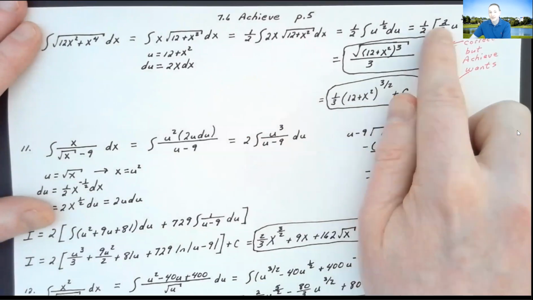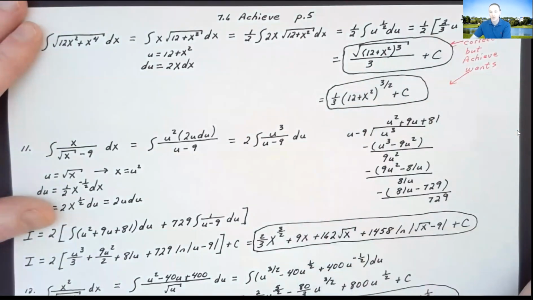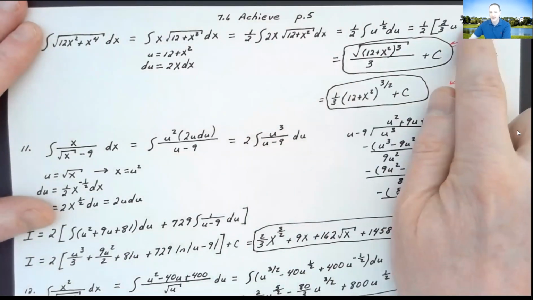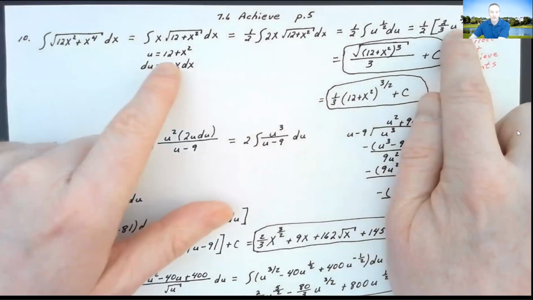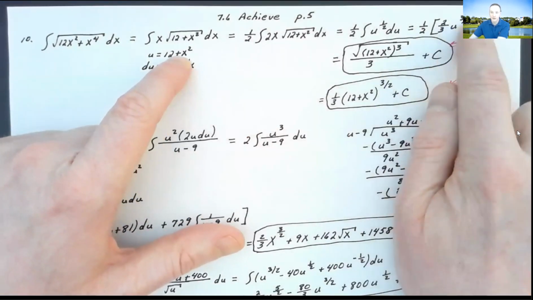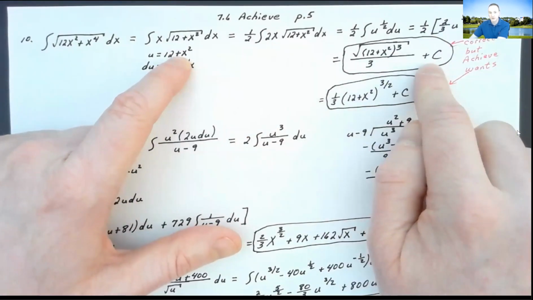Now, what I did is I said this 1/2 times the 2/3 is going to be 1/3, or just a 3 in the denominator. And then I knew that this is the square root of u, which means it's the square root of the group 12 plus x squared, and then we have that raised to the 3rd power, plus your constant of integration.